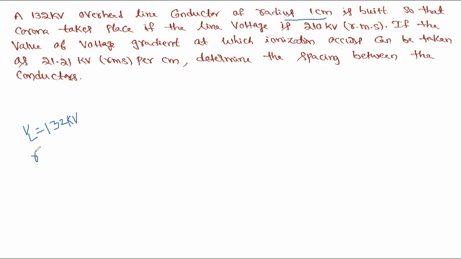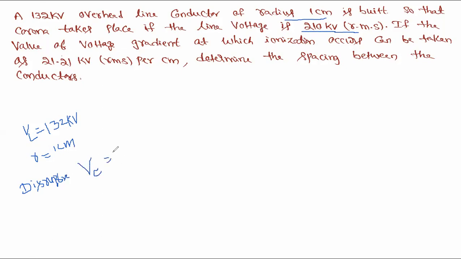The radius is directly given, R equal to 1 centimeter, so that corona takes place if the line voltage is 210 kV RMS value. Here they have given the disruptive critical voltage, which is represented by VC.